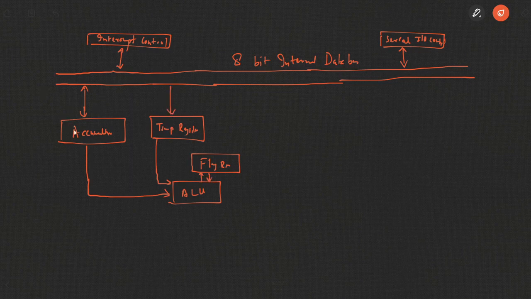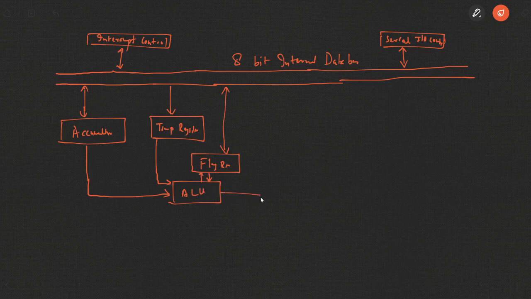These arrows are very important. The accumulator is both reading from the data bus as well as writing onto the data bus. The temporary register is only able to read from the data bus, it will not be able to write onto the data bus. The flag register is bidirectional, that means it can be read as well as written. Flag register and ALU is both read write.